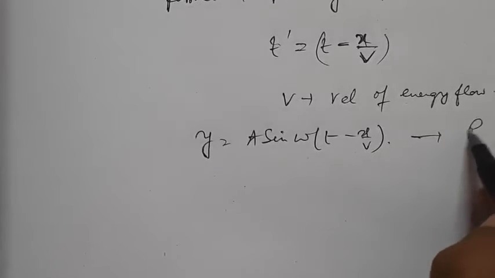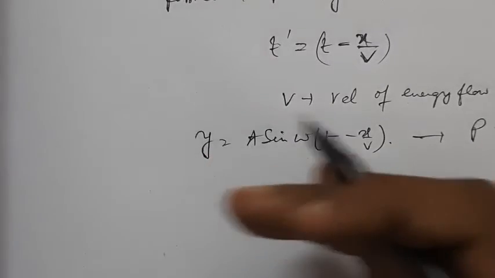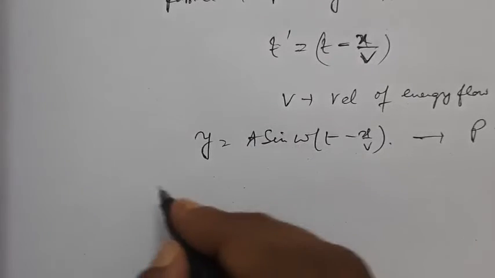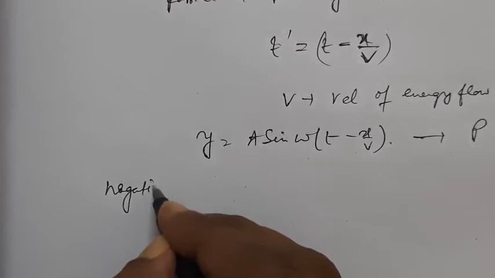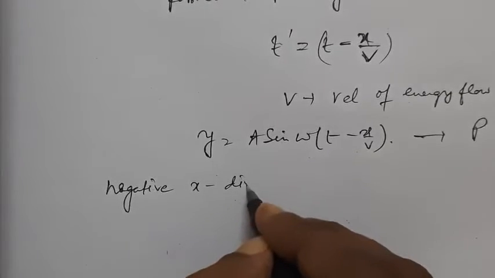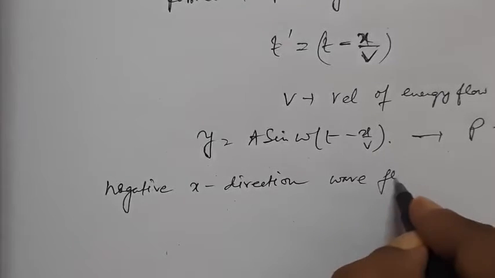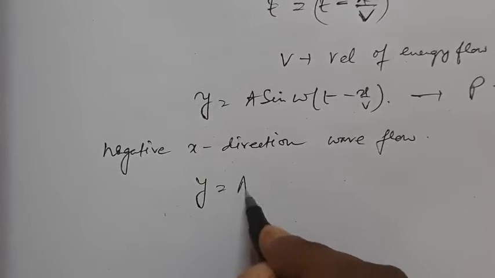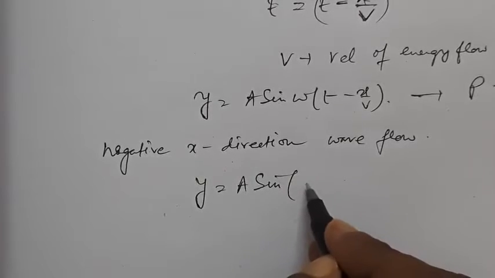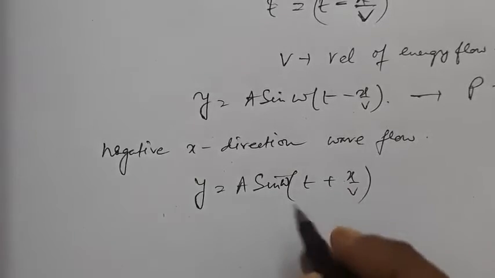Now if the wave were moving in the reverse direction, or in the negative x direction, wave flow or energy flow, then the equation would be y is equal to a sine of omega t plus x by v.